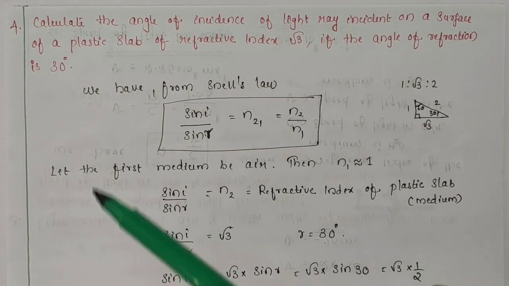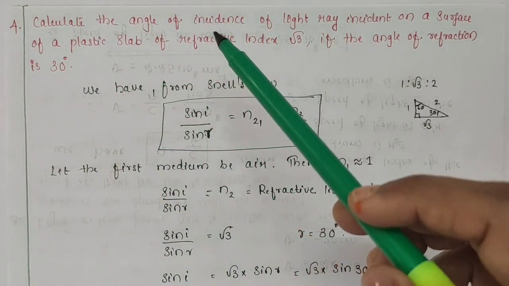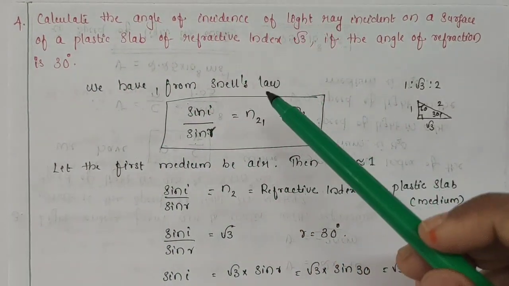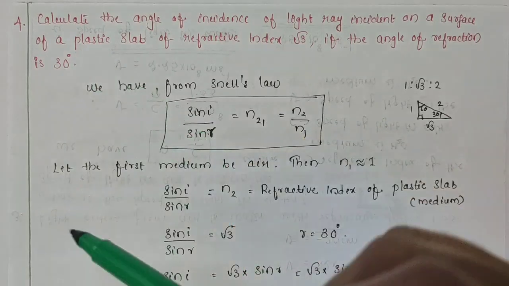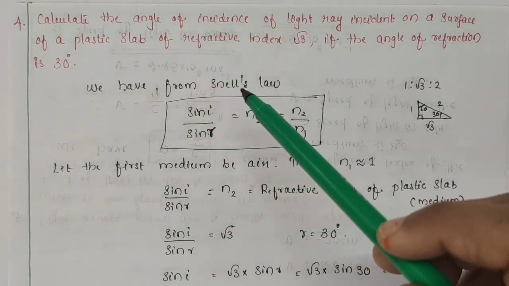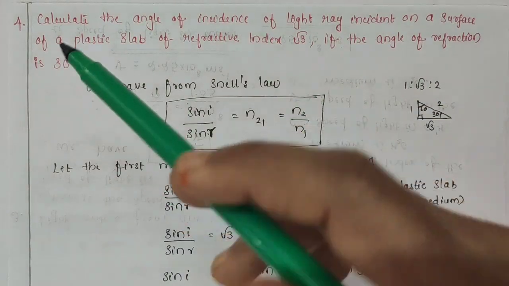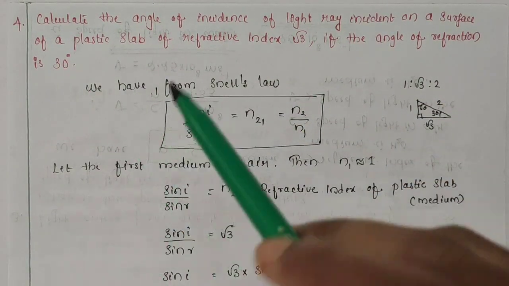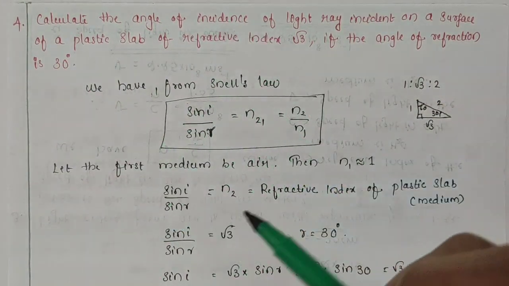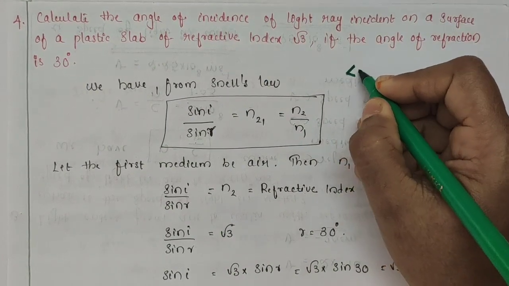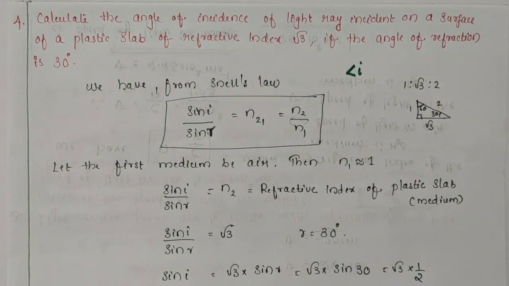Next question. Calculate the angle of incidence of light ray incident on a plastic slab of refractive index root 3 if the angle of refraction is 30 degree. We want to calculate the angle of incidence. Angle of incidence is usually represented by angle i.